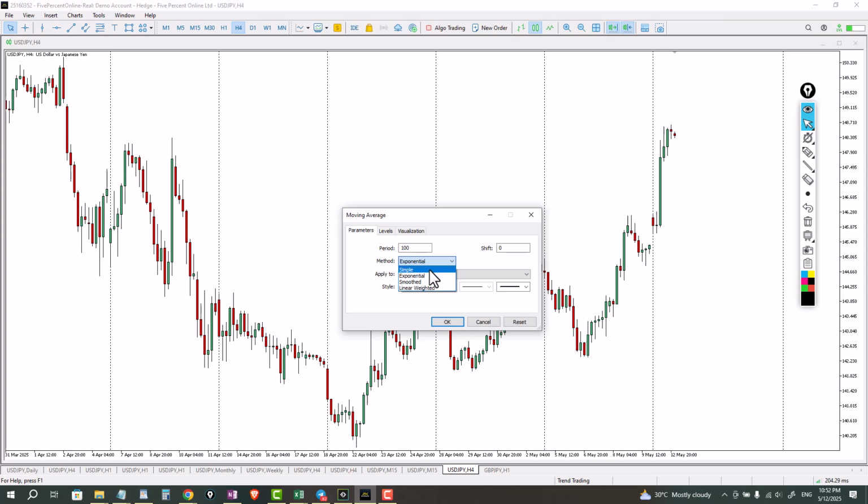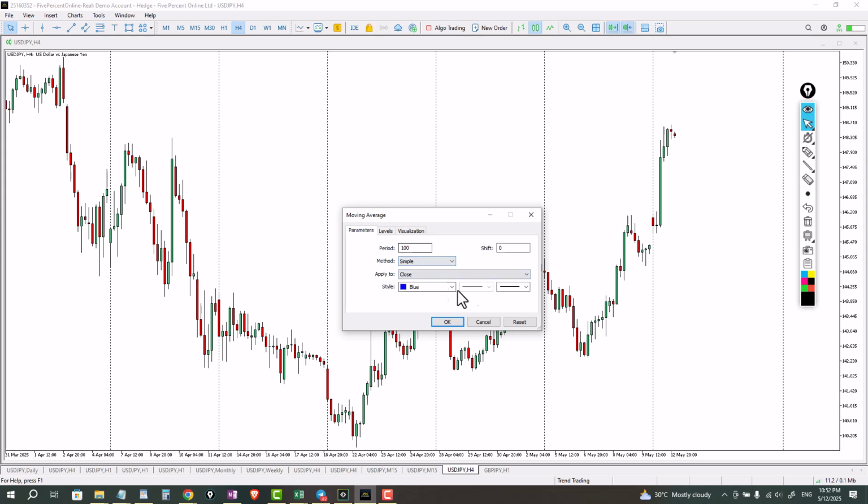We're using a simple moving average. Since this is a simple moving average applied to the closing price, we're in essence adding the closing price of the last 100 candles and then dividing them by 100. And that's going to continually happen as the trading platform continually connects the dots on that chart to show us the average.